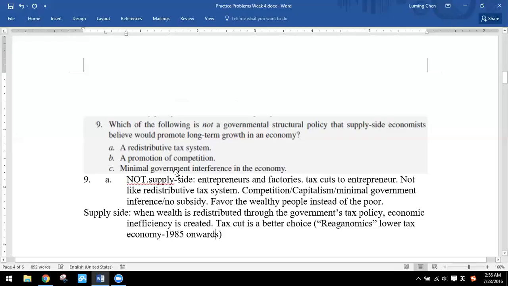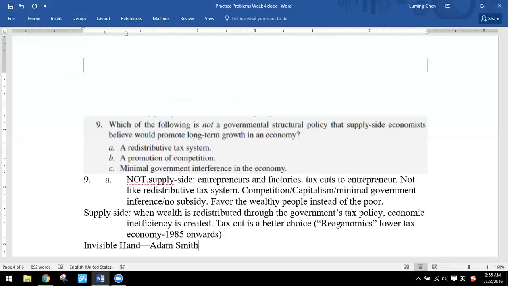The minimal government influence in the economy, which is sometimes referred to as the invisible hand. This notion first originated from Adam Smith, The Wealth of Nations.